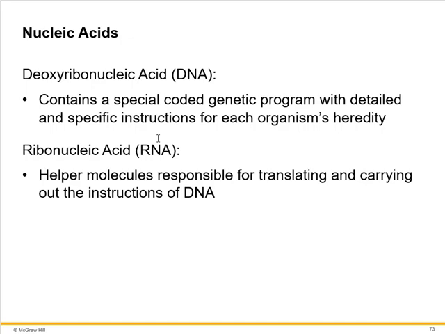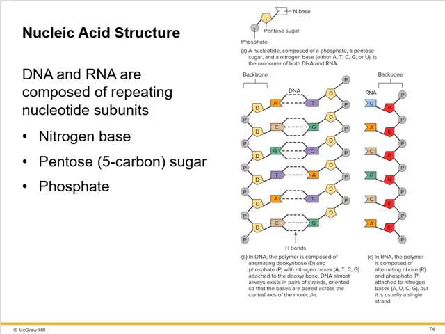It helps with translating or protein synthesis, carrying out the instructions of DNA to make the proteins and other aspects of protein synthesis. So nucleic acid structure, you can see the nitrogen base here in the middle, and the pentose sugar and the phosphate. And so those are the three parts you have on all of these.